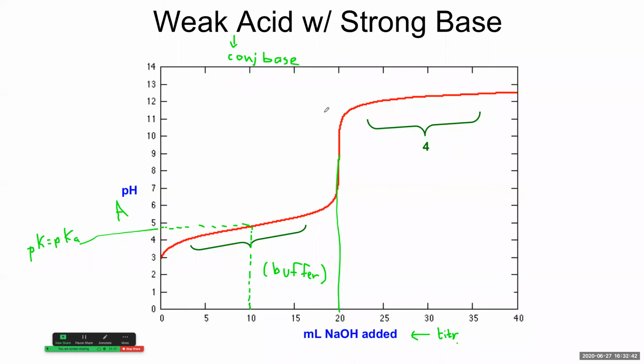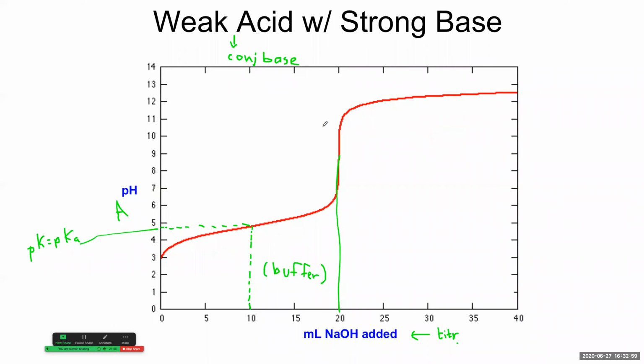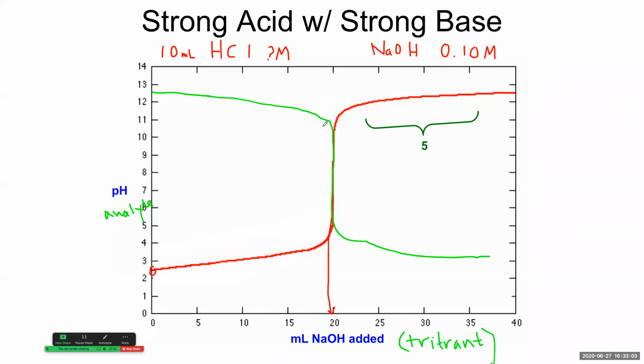There's no acid left, so this is the strong basic region. If I overlay the two curves, here's the other curve, the strong acid, the upper curve. The upper parts of these curves are exactly the same. It's the lower part that changes.